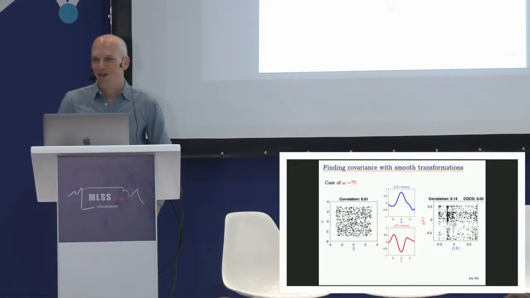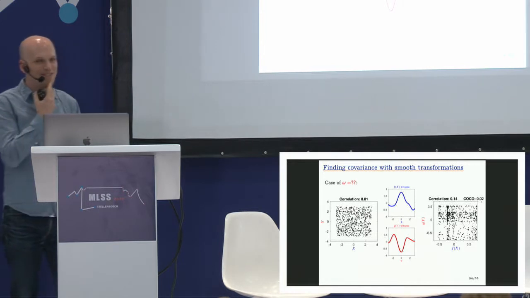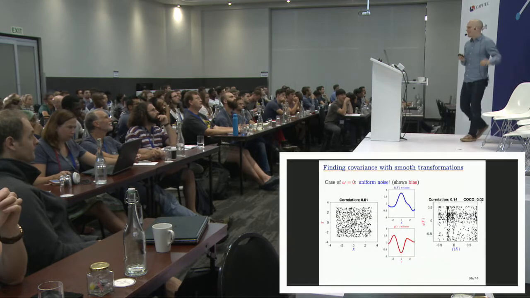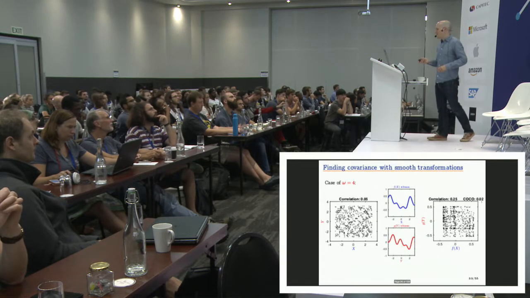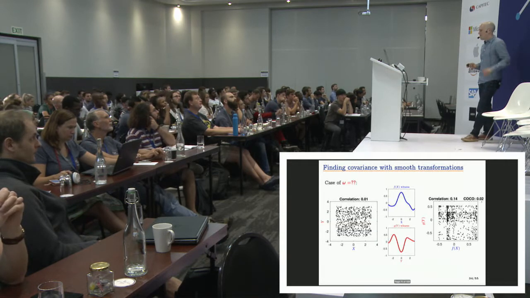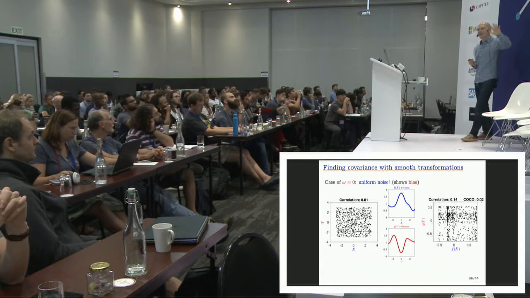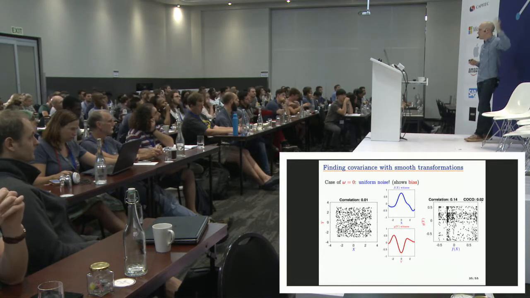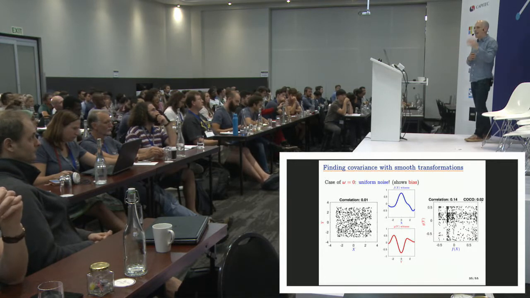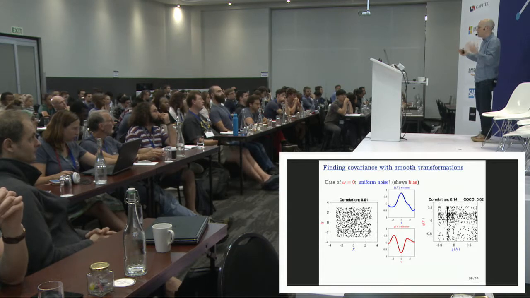Does anyone want to guess what omega is here? Zero. So the weird thing about 0 is it gives me the exact same constraint covariance as 4. This is another illustration of bias, because I've got a limited number of points and I'm moving them around using a smooth function, and it turns out I can, because I've got 200 points, I can move them around a bit to give me some sort of residual dependence.